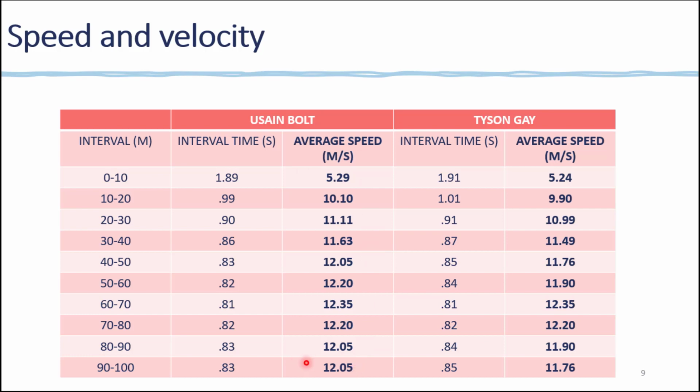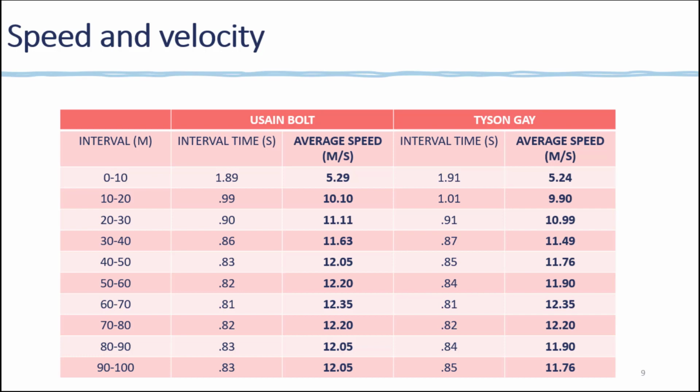And essentially, if you take that same formula, you're just dividing the 10-meter distance by the amount of time that it took for that interval. So here we can see that Bolt was faster than Gay over every interval up to the 60 to 80 meter interval, where both the runners reached their top speeds and then they both slowed down afterwards.